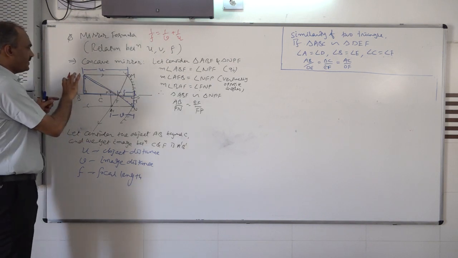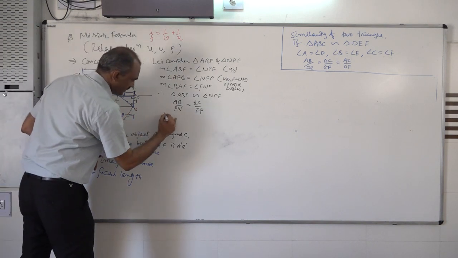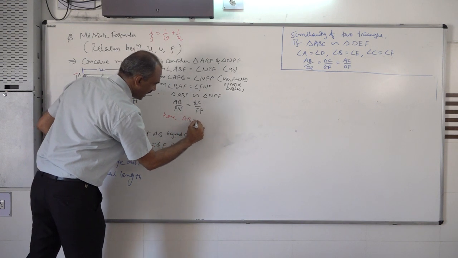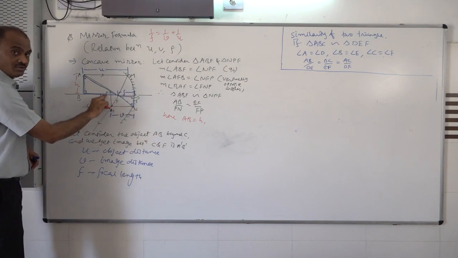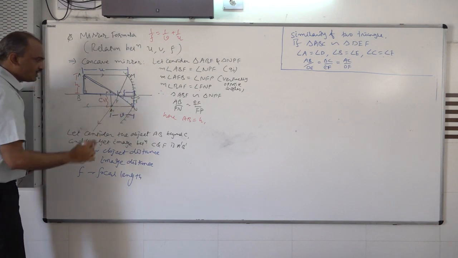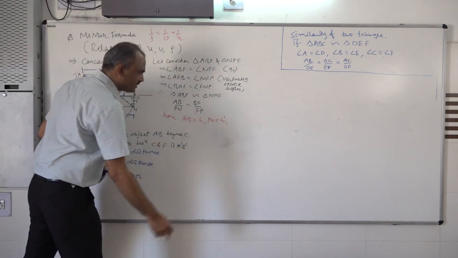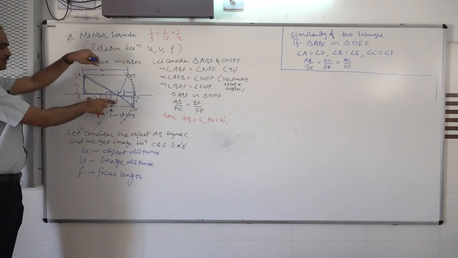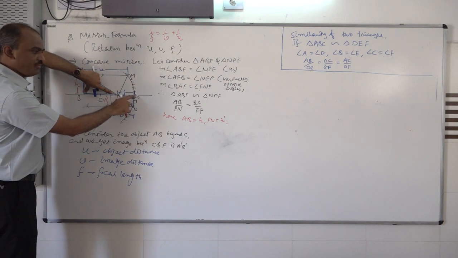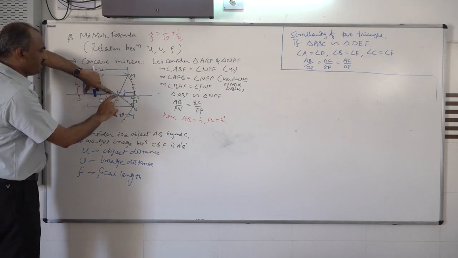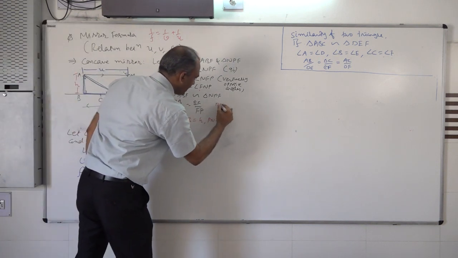Here AB is the height of the object, H. PN is the height of the image. Now BF is BP minus FP.